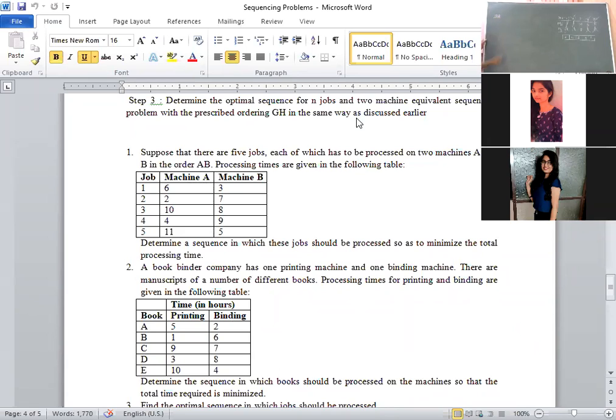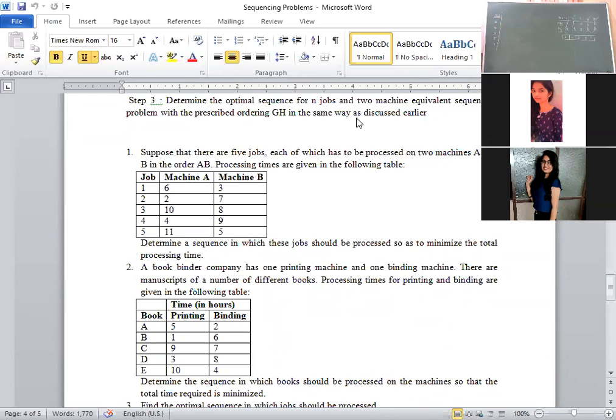Right now, whatever the sequence you have calculated, you have to write as it is. First, the second job will be performed initially. Later, the fourth job. Later, the third job. Later, the fifth. And last preference is given to the first job.